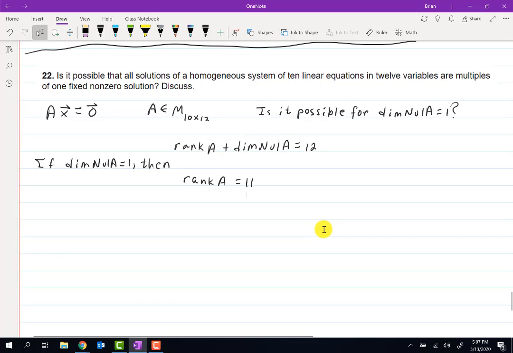Well, the answer is no. Unfortunately, the rank of A equals the dimension of the row space of A. Since we only have 10 rows, the row space of A can't be any more than 10. So the answer to this question is no. This cannot happen.